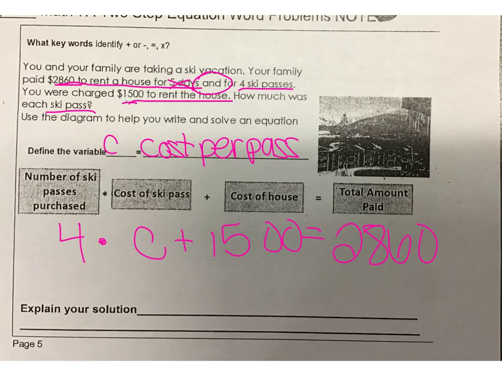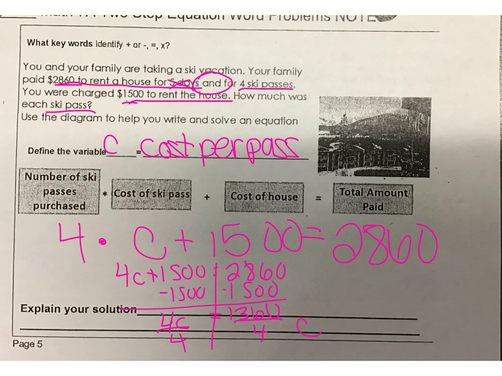So then we're going to solve this two-step equation. 4C plus 1,500 equals 2,860, minus 1,500, equals 4C equals 1,360, divided by 4. So each ski pass costs a total of $340. Make sure you've got that dollar sign.